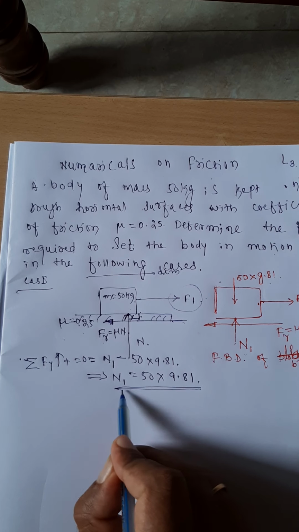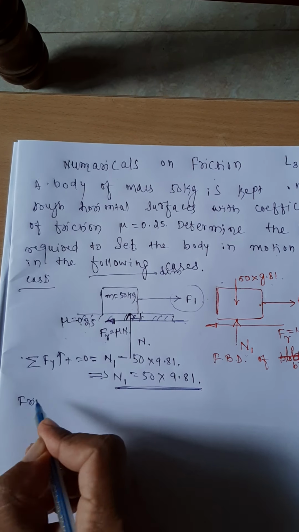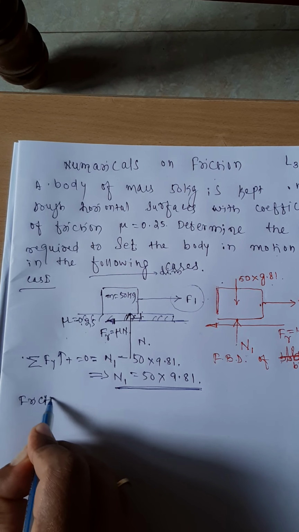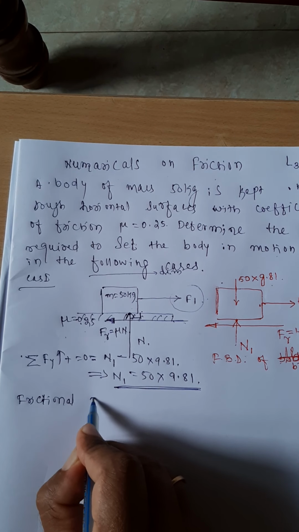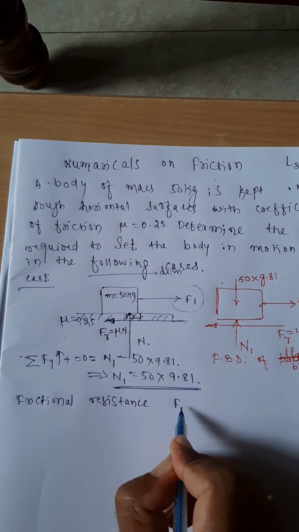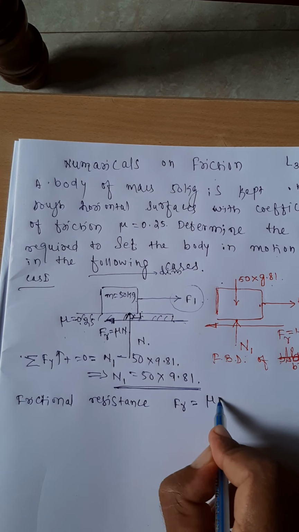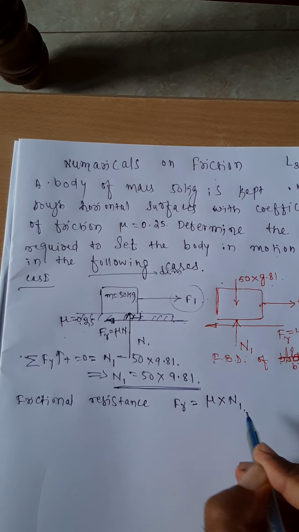Immediately after calculating the value of N1, you calculate the value of FR1. What is the frictional resistance FR? FR is equal to the coefficient of friction mu multiplied by N1.